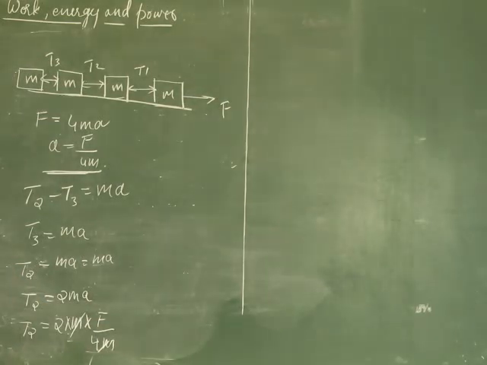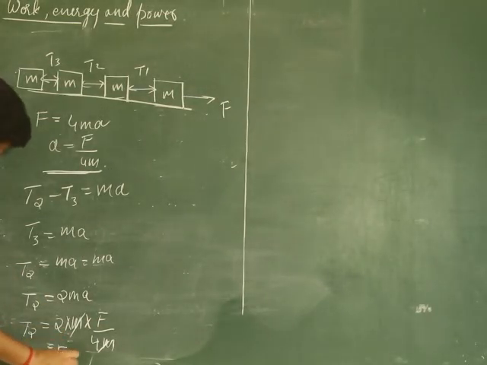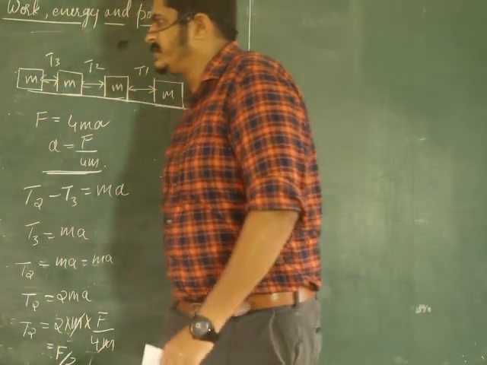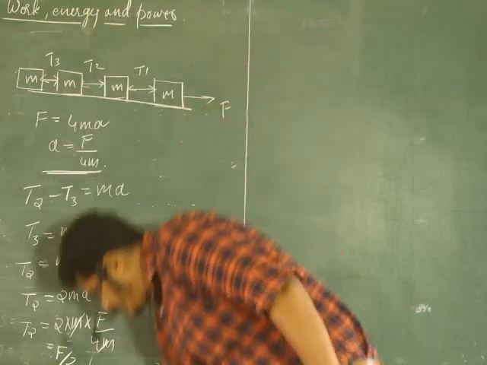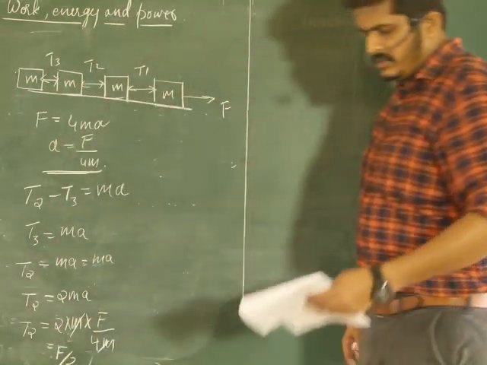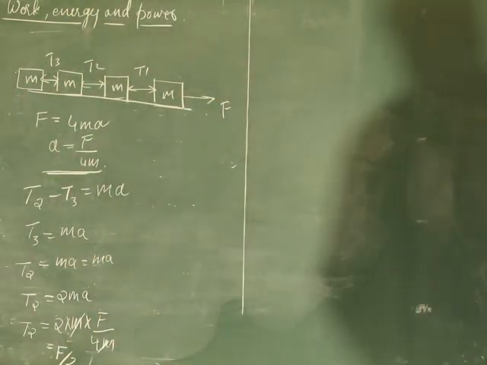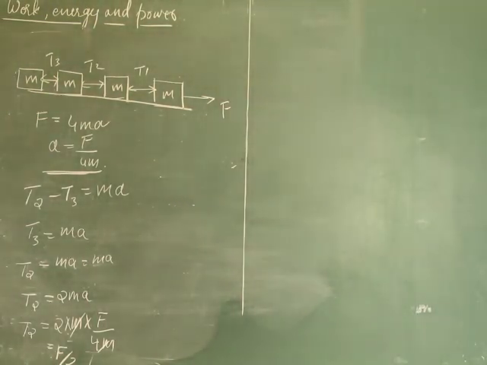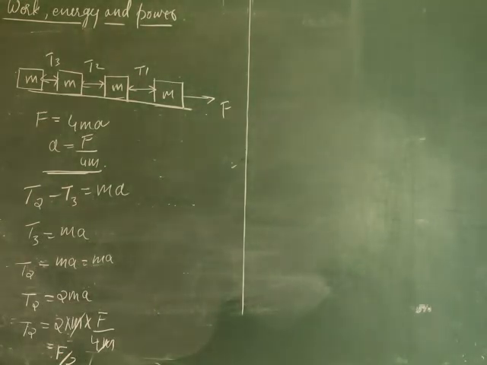So the answer is yes, F by 2. So we got the answer, that is F by 2. So which is the option there? Option is B. Sixth question, option is B. So the answer is F by 2.